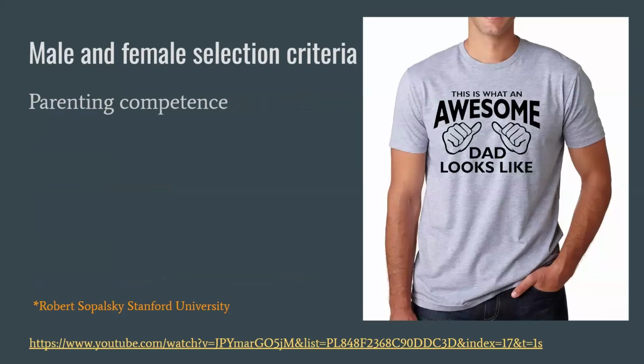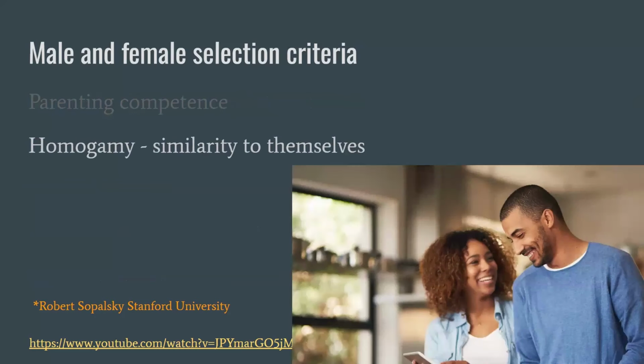Another thing we both look for, males and females, is parenting competence. And again, that would be important for the future viability of our offspring, right? Homogamy, this is an interesting one. If I look at a female and I see that she has characteristics that I'm attracted to, then the odds are very good that my parents had those characteristics, right?